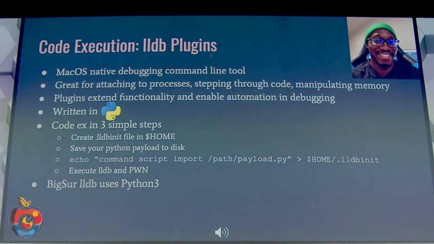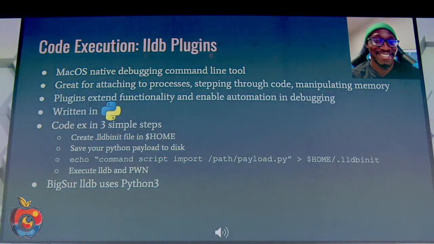But essentially, you want to install a plugin by creating a .lldbinit file in the user's home directory, and save your Python file or Python payload somewhere on disk or somewhere accessible. And then in that .lldbinit file, you'll want to write the command script import and then the path to your Python payload. And so now whenever the user opens up LLDB, it'll load and execute your Python code.